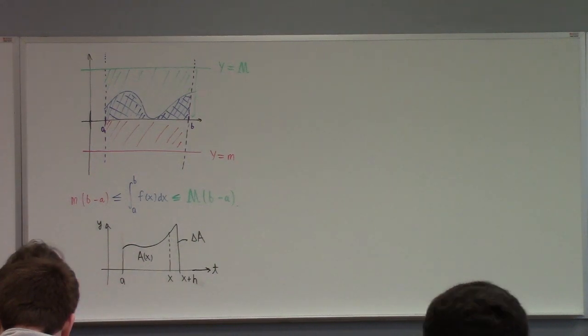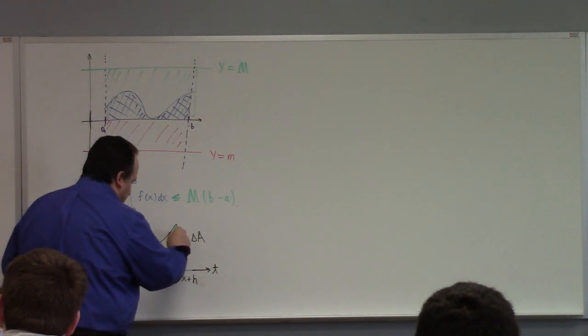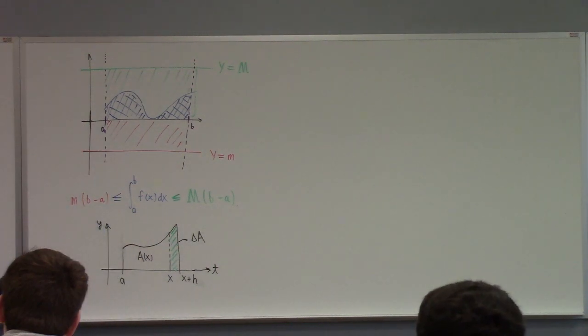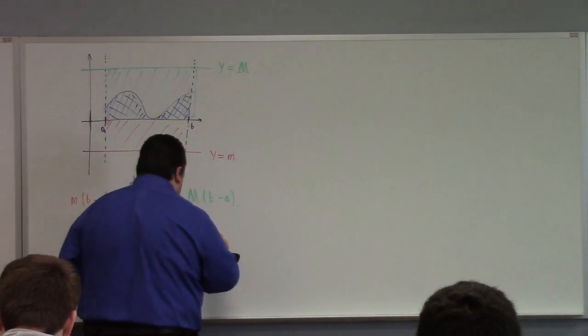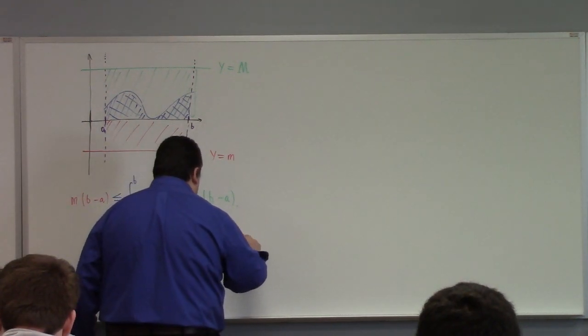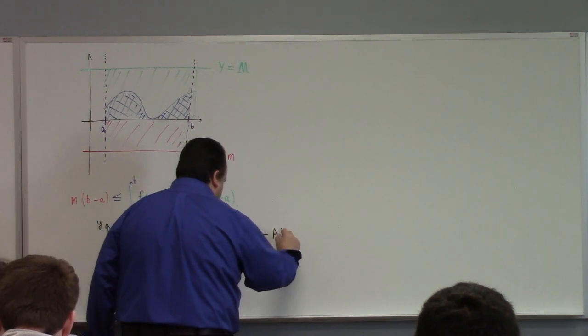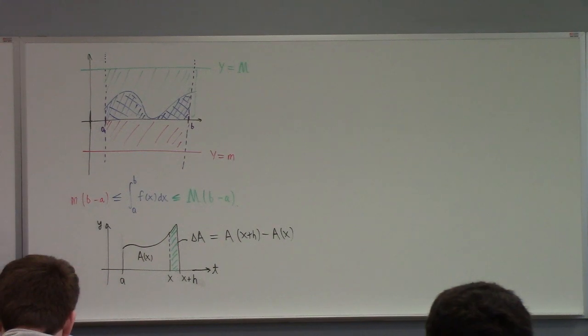The thing we found last time, this is the delta A I'm trying to picture. So to be more specific, that is equal to A of x plus h minus A of x. That's delta A, the change in the area function.